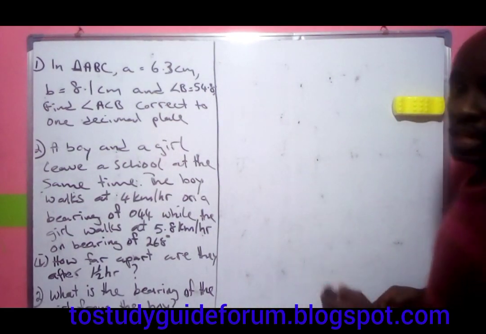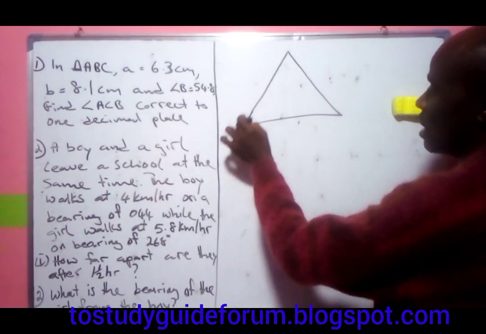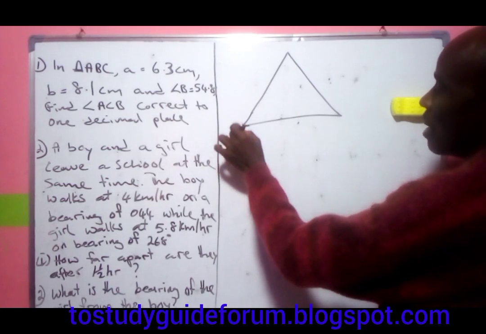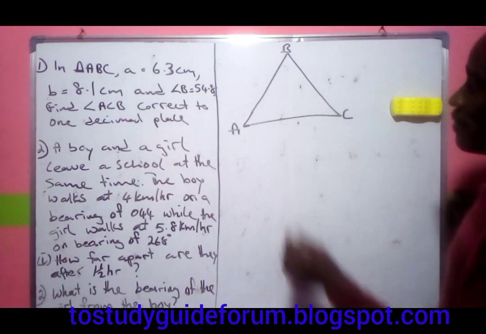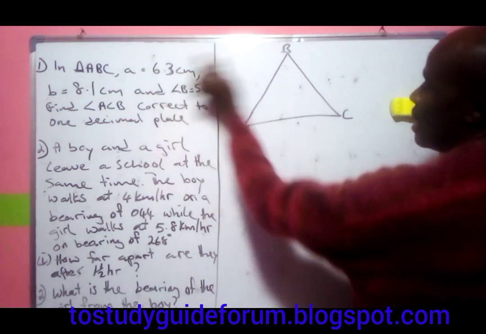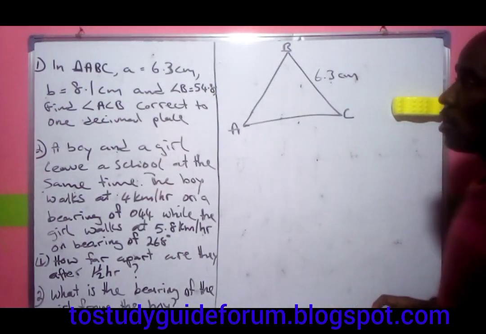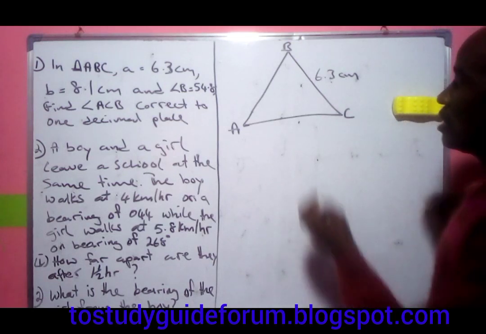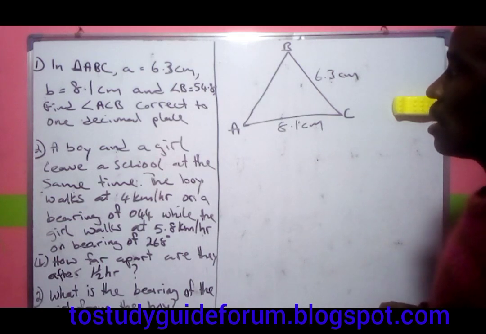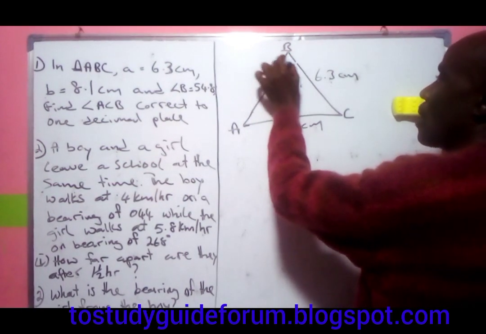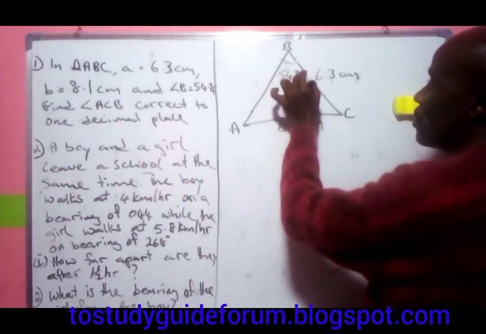So let's have a sketch of what we are asked to do. Assuming we have a triangle that looks like this, with sides a, b and c. Here side a is 6.3 cm, side b is 8.1 cm, and angle B is 54.8 degrees.